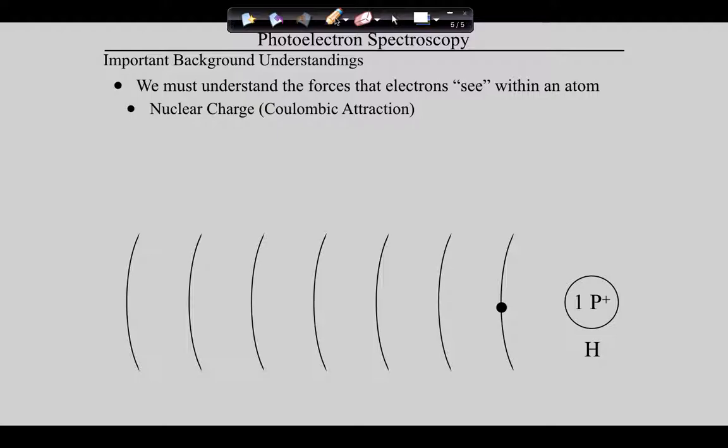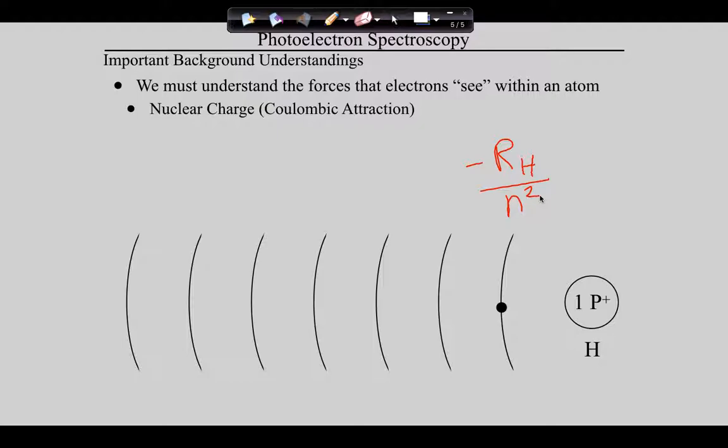Now, can we quantify that Coulombic attraction? How about negative R sub H divided by n squared? That equation allows us to quantify that force of attraction. And remember we had the conversation that explains why it's negative?